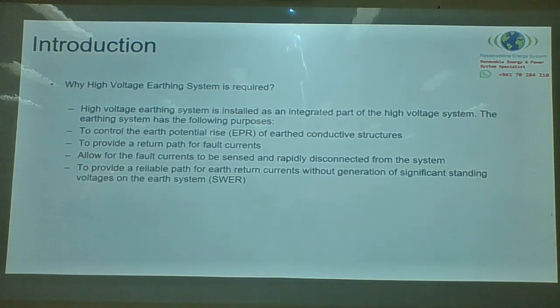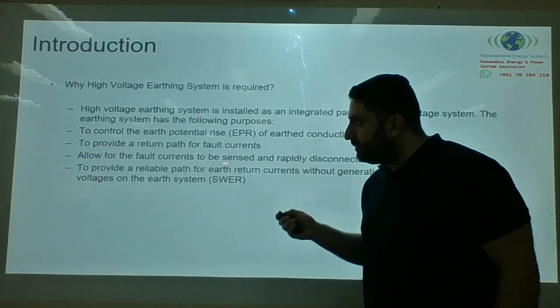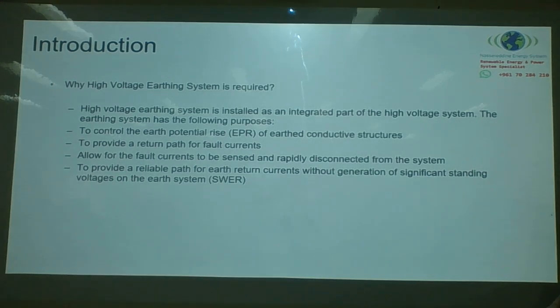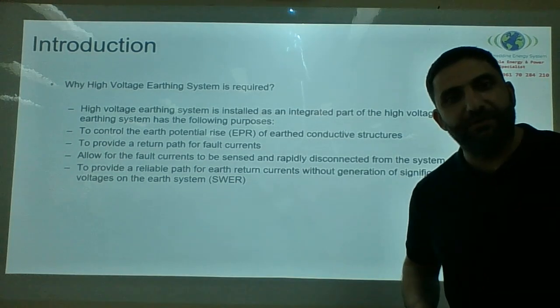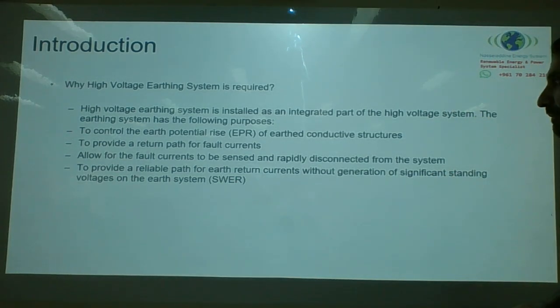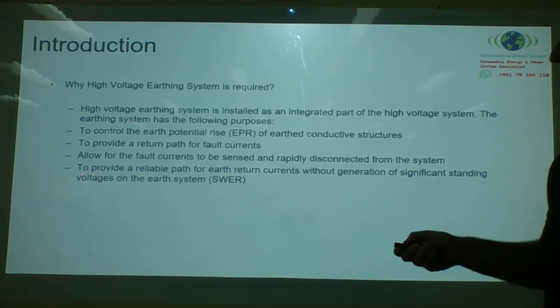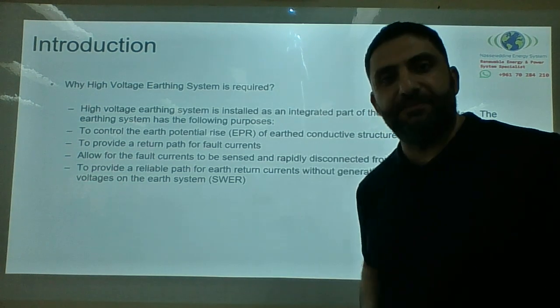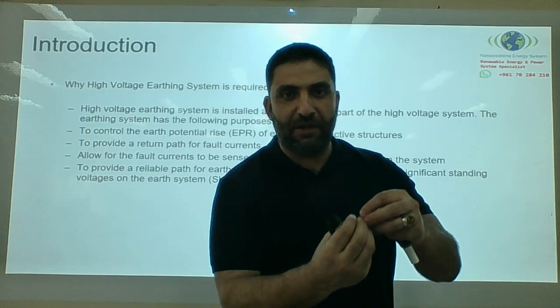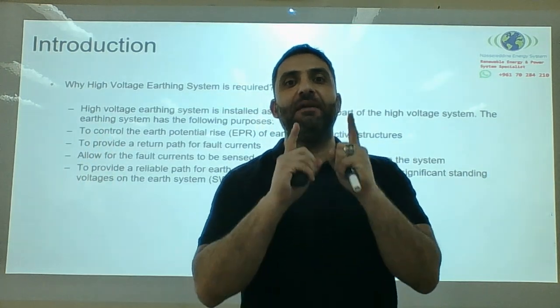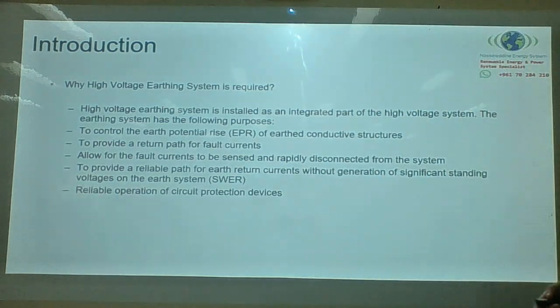To provide a reliable path for earth return, you will see what SWER is, the single wire earth return system. We will talk about it soon. So, to provide a reliable path for earth return current without generation of significant standing voltages on the earth system. As I spoke, when I have a low resistance, it goes back smoother without having a major earth potential rise.